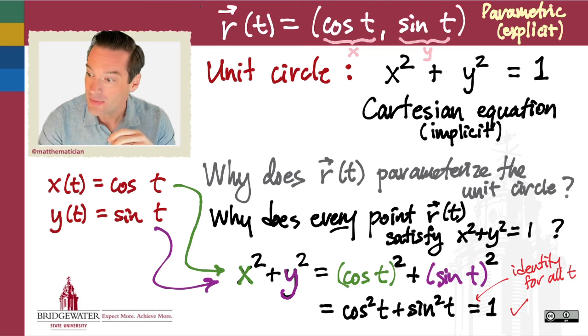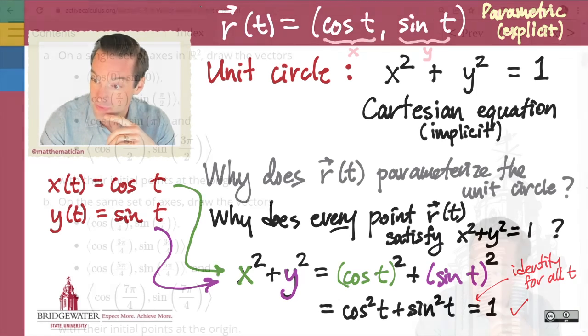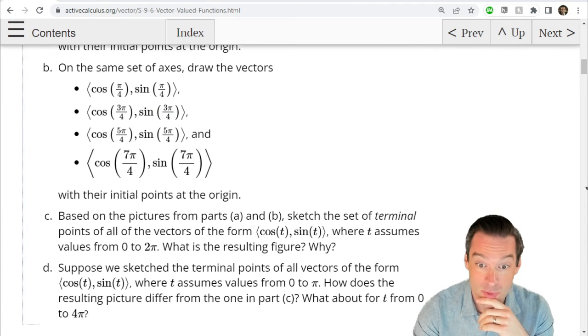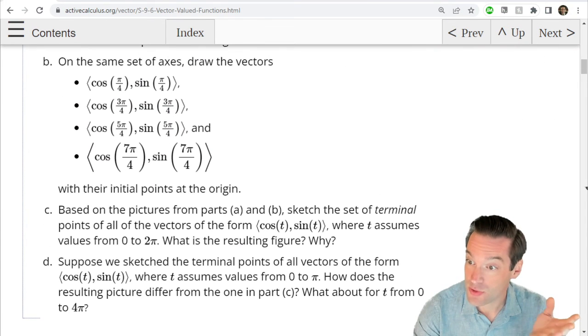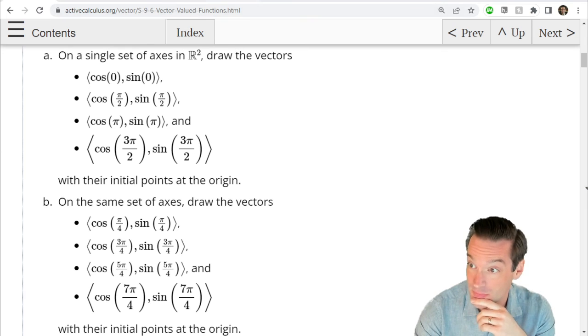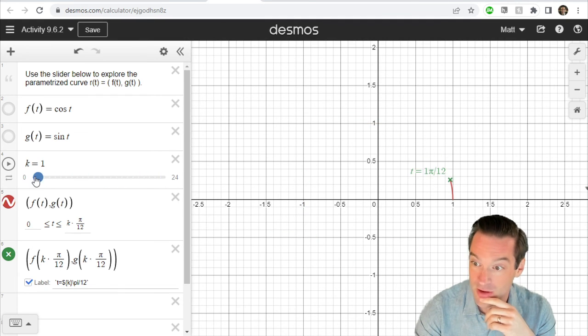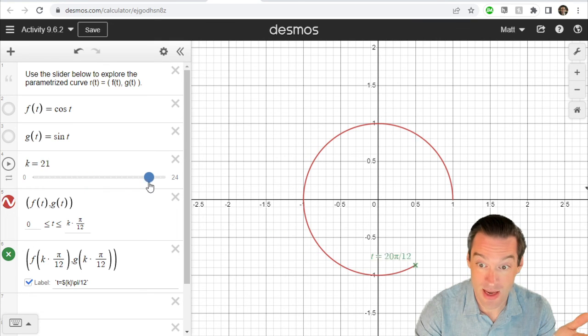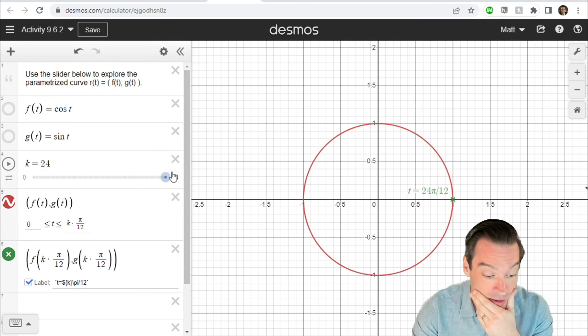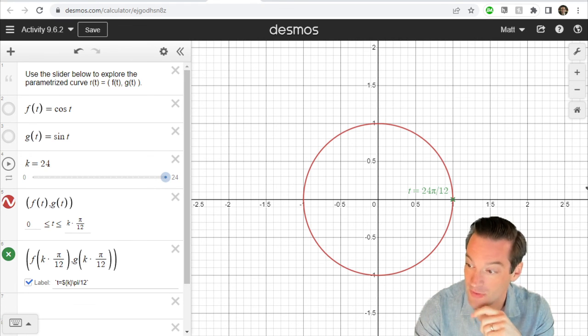Anyway, that was much more detailed than this preview activity was trying to get at. Really, the point of the preview activity was just to connect this vector-valued function with the idea that the various values of t in that vector-valued function actually do sweep out a curve inside of two-dimensional space. And in this particular example, that curve happens to be a circle.